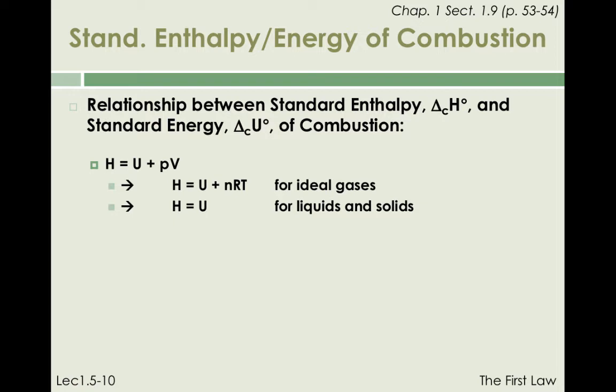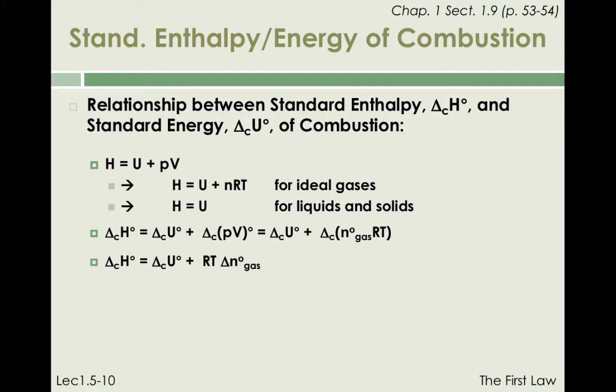So we write delta C H standard equals delta C U standard plus delta C of PV, which equals delta C U standard plus delta C of n gas RT, since we are neglecting the number of moles of liquids or solids. Then we use the fact that chemical reactions are typically carried out at constant temperature, so the change in n gas RT is simply RT times the change in the number of moles of gas for the reaction.